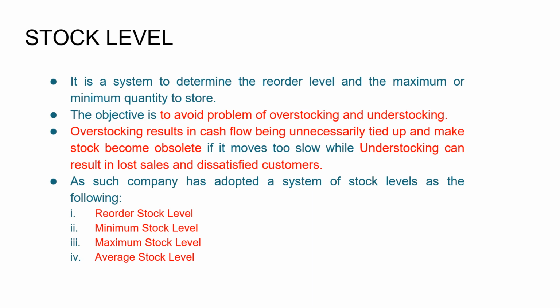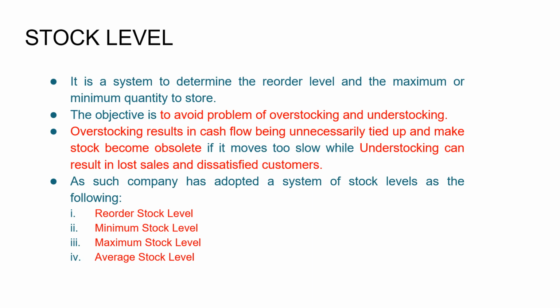Why do we need to set the stock level? The objective is to avoid the problem of overstocking and understocking. Because when you have overstocking, there will be a wastage if the material becomes defective in future. While if you have understocking, then you might have a risk that the production cannot be run. So we don't want either problem.